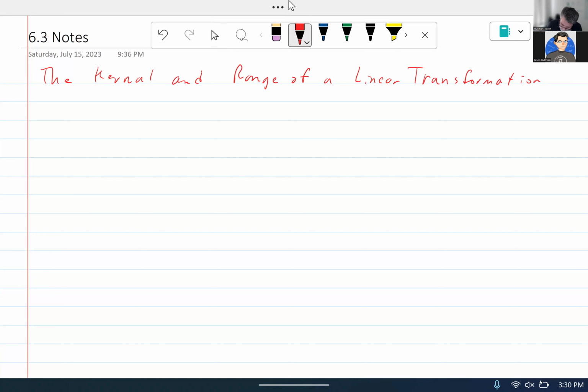So let's start off with a definition. What is the kernel? And what's the range?